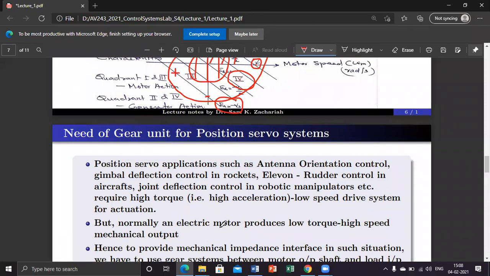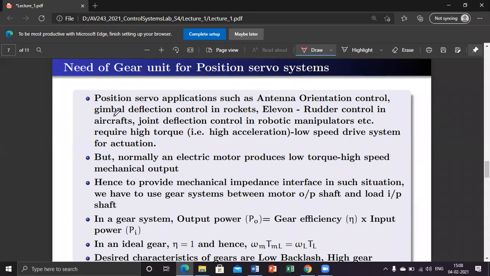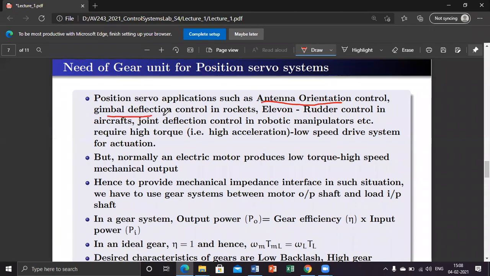For example, I am giving some typical cases. The position servo applications. We are now talking about position servo applications. One case is antenna orientation control or gimbal deflection control in rockets, elevation radar control in aircraft, then joint deflection control in a robotic manipulator. All these applications normally require high torque and low speed.